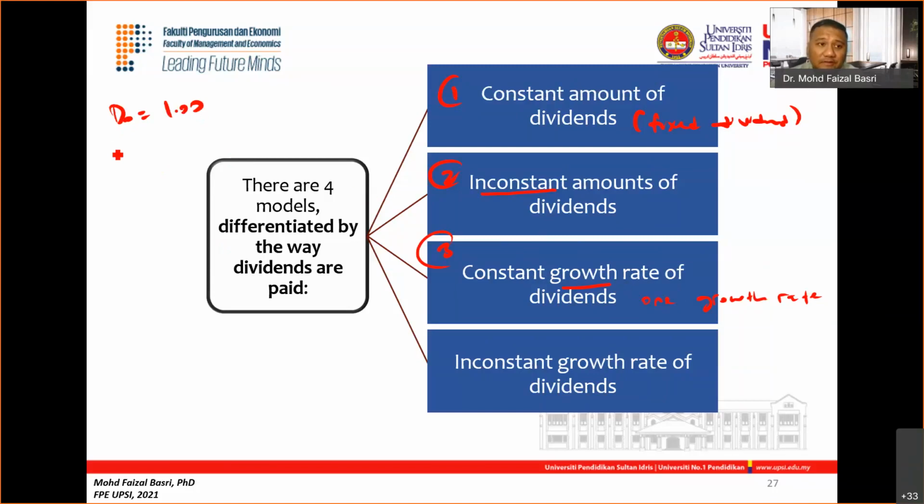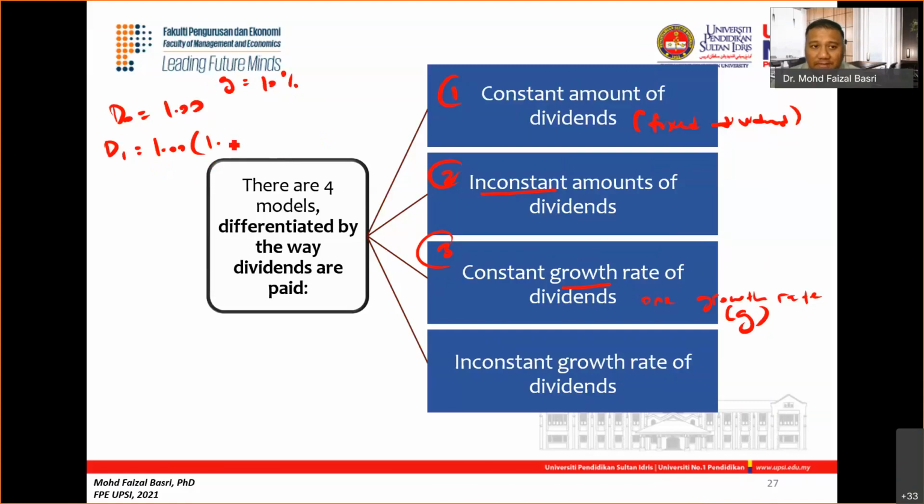For the next year, this dividend of RM1 will grow by 10%. The growth rate is symbolized with G. So let's say the G is 10%, for example. Meaning if today's dividend is RM1, we will assume that the dividend will increase by 10% next year.